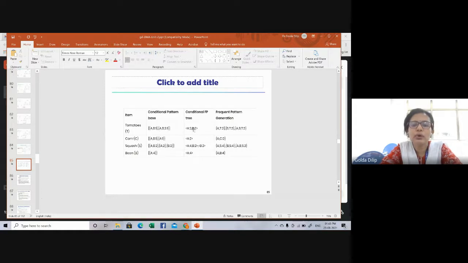These are the 2 common items in your conditional pattern base. Then from this conditional FP tree, you generate the frequent patterns by combining it with the source item, which is tomato. These are the various patterns being generated: AT, BT, or ABT, all with a count of 2.